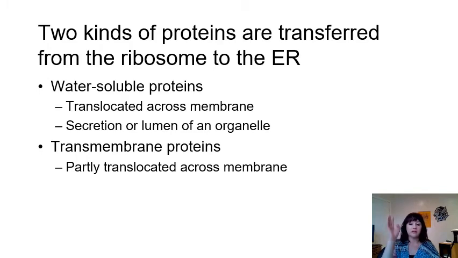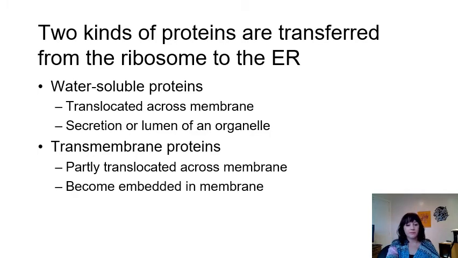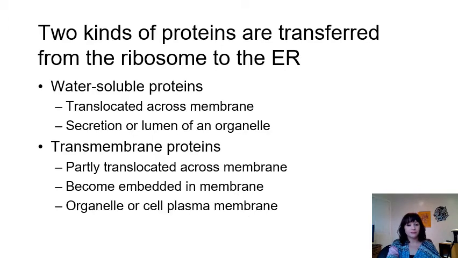The ribosome makes the protein, it has a signal sequence that tells it that it needs to go to the ER, and it only gets put in halfway into the ER. It gets kind of stuck in the membrane. This is useful if that protein has to have its function in the membrane, either on the surface of the cell or in the membrane of an organelle.